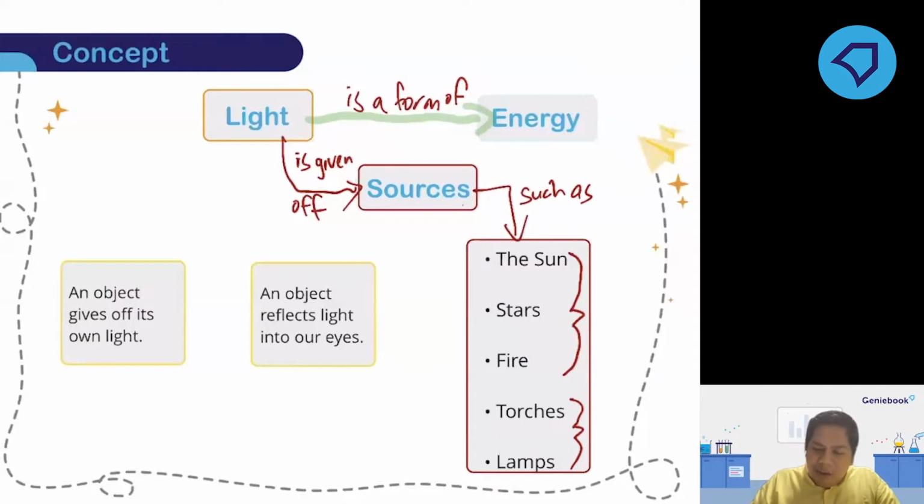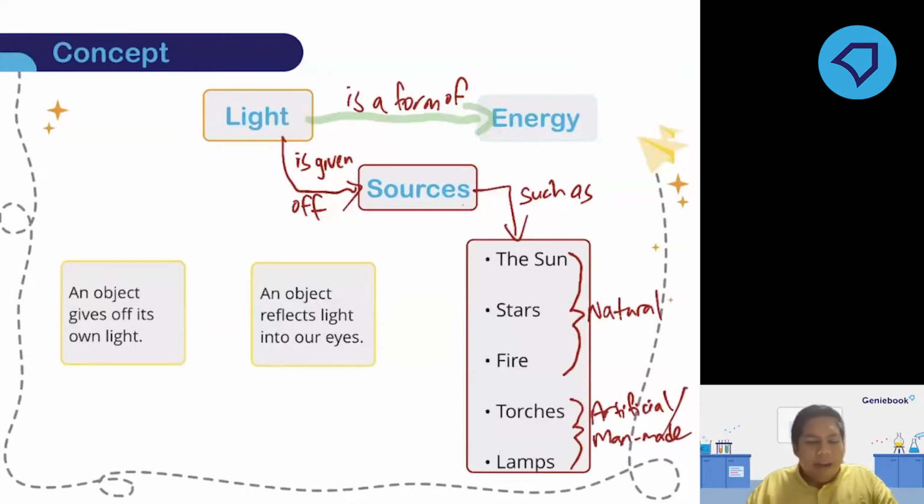So these are all our natural sources. And then for torches and lamps, you can either say artificial or some of you mentioned man-made. Very good. Well done.